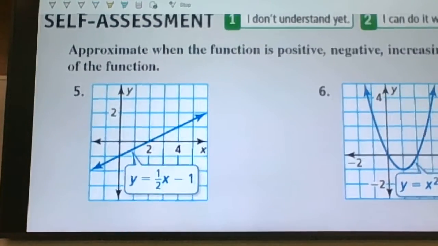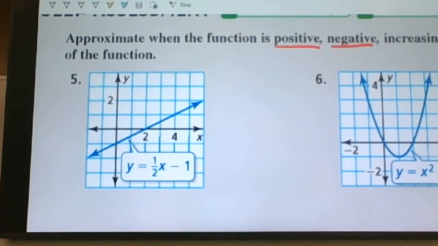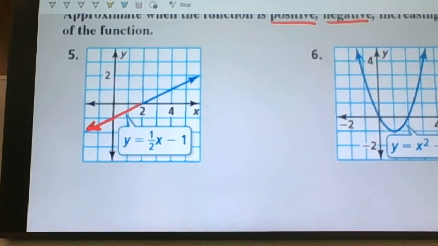Let's go to number 5. So we got to think about, is this positive or is it negative? So I'm going to break this down. Maybe I'll color it. And if you guys have highlighters, I don't know. In this red part here, it is negative down here. It's negative below the x-axis.